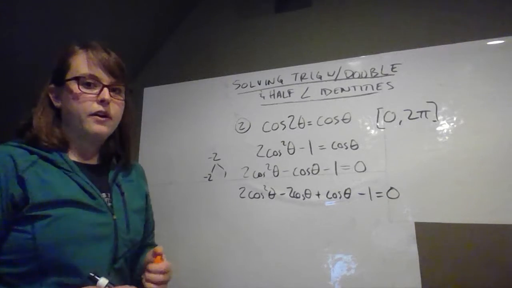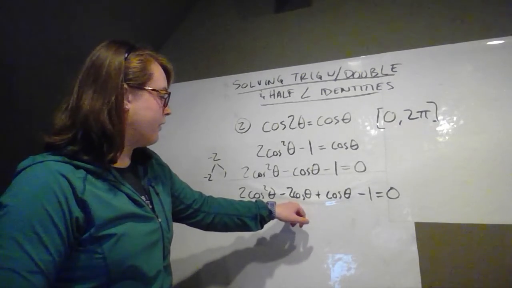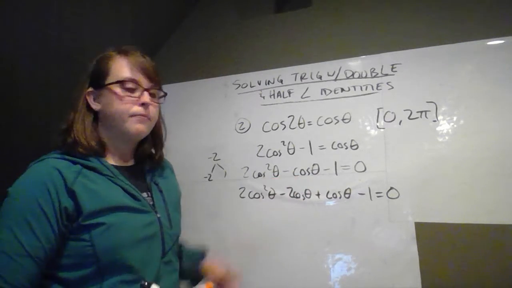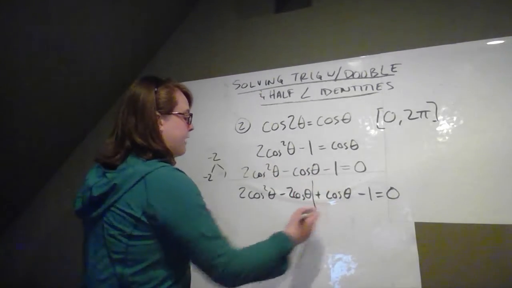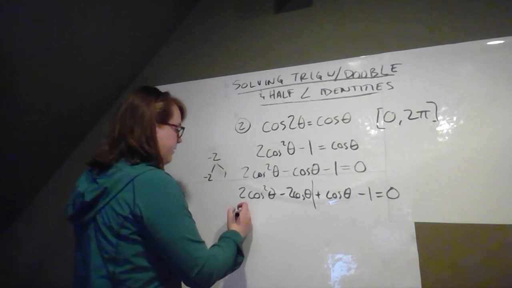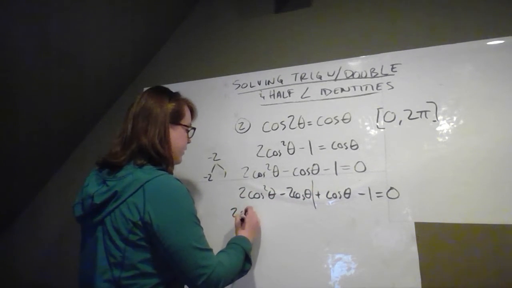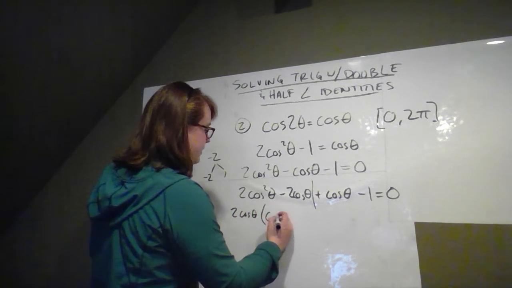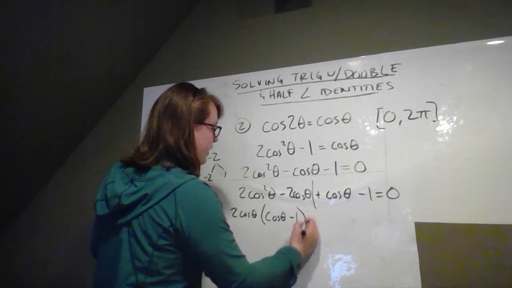So I didn't change the value of the function at all. We still have -2 cosine plus cosine, which is still negative cosine. But now I'm going to split it down the middle and factor out the greatest common factor from both of these. So the greatest common factor on this side is 2 cosine theta. And then we're left with cosine minus 1.